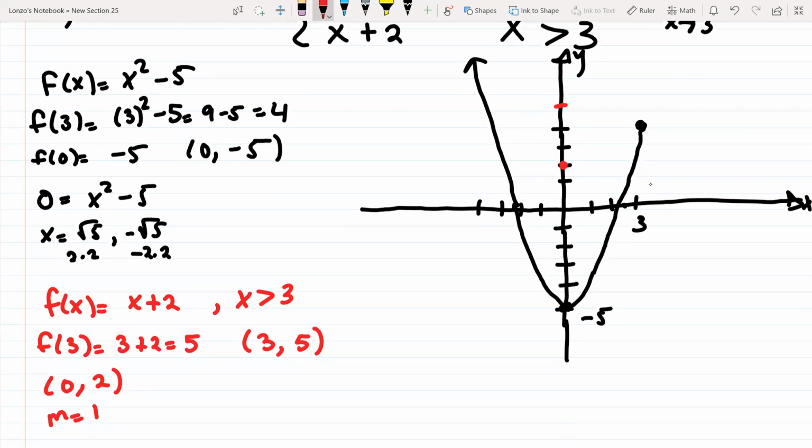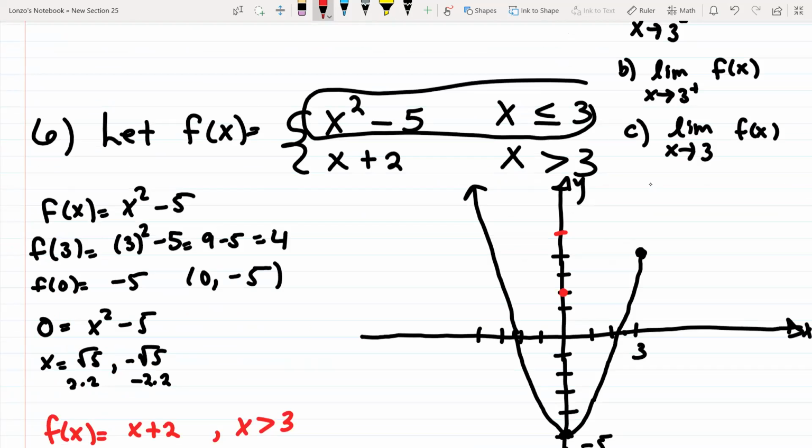Now at 3, 5, it says it's greater than, so it's going to be an open circle because it doesn't have an equal. So it's going to be right here. And then we have a y-intercept of (0, 2) and our slope is 1. So you go up 1, right 1, up 1, right 1, and then again up 1, right 1.